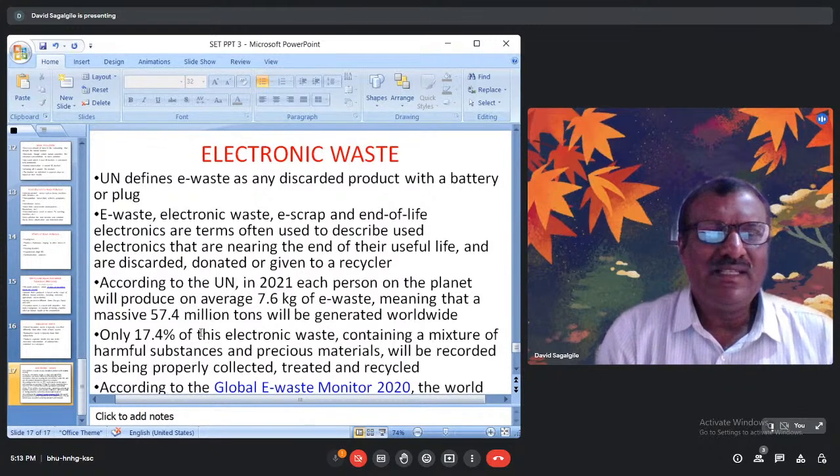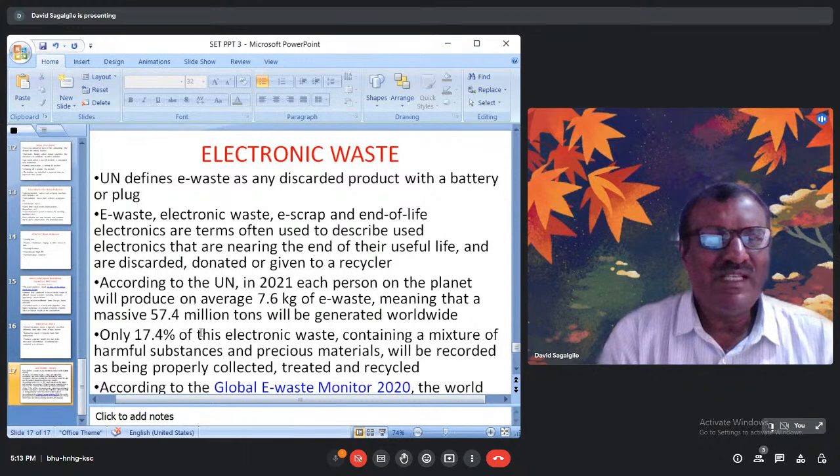So this is a huge amount of waste that will be generated.